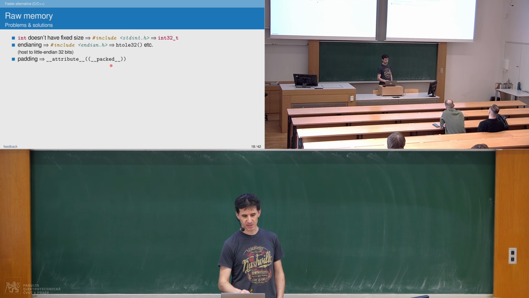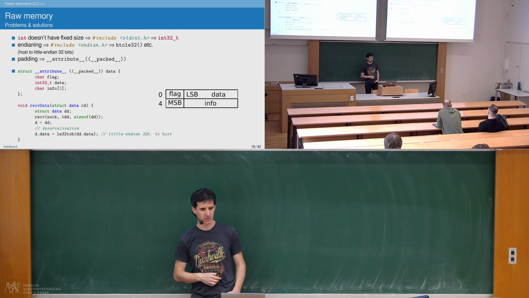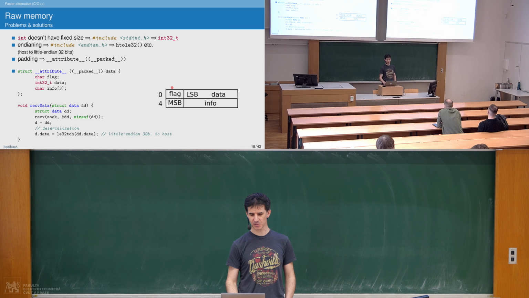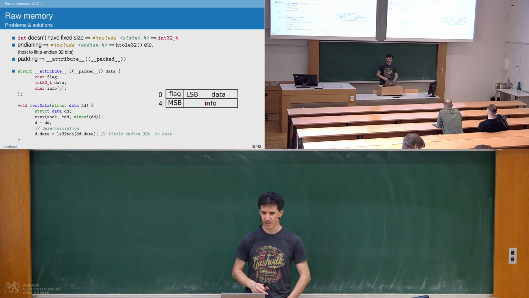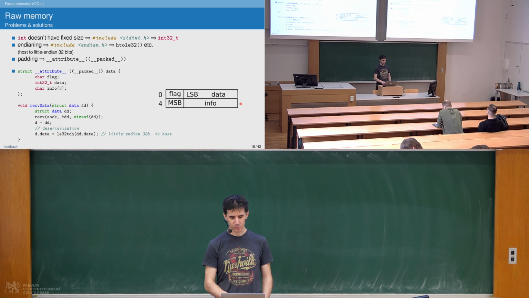And if you do this, the compiler will not add this padding to the data structure. Basically, the layout would look like this. There will be this flag immediately followed by these 4 bytes of data, and then immediately followed by this info bytes. So the size of this data structure with this packed attribute would be smaller.